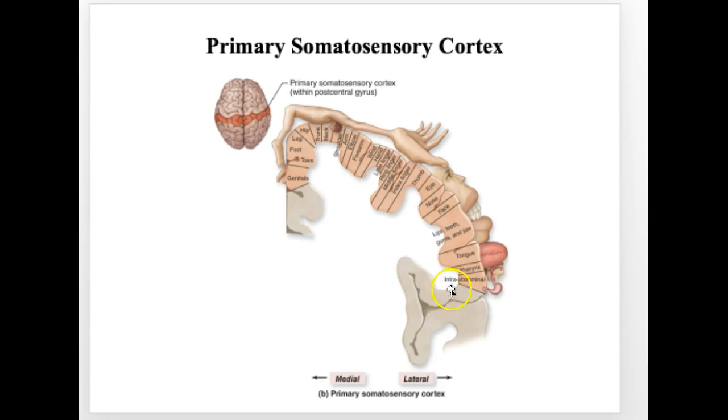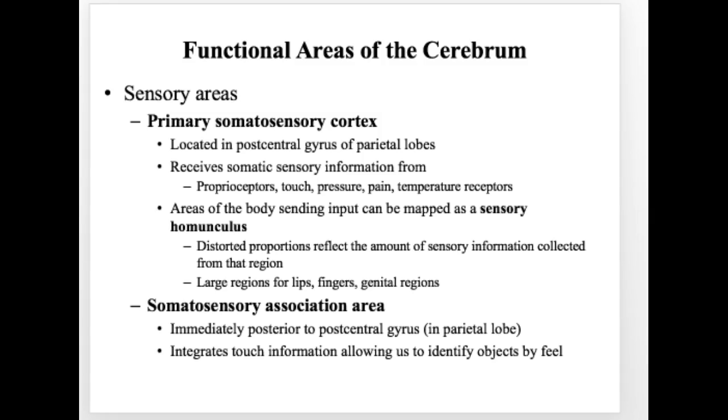As you can see, again, large areas are dedicated to sensory information perceived from the hands, as well as the mouth and tongue. The somatosensory association area is important for integrating touch information, allowing us to identify objects by feel.